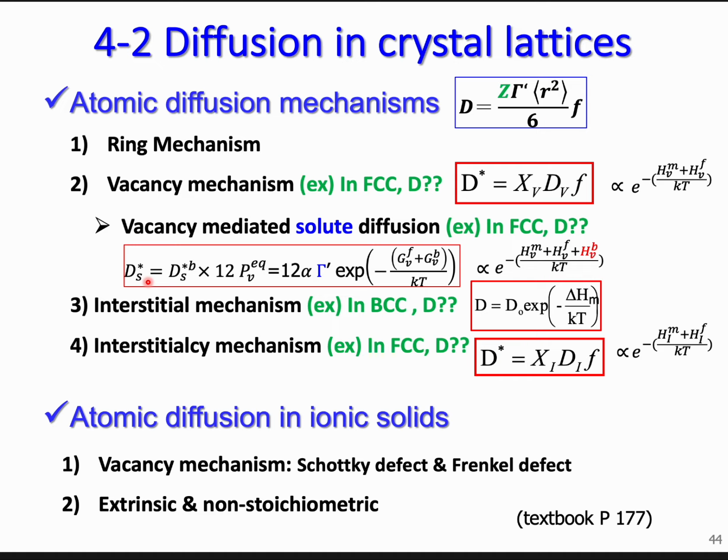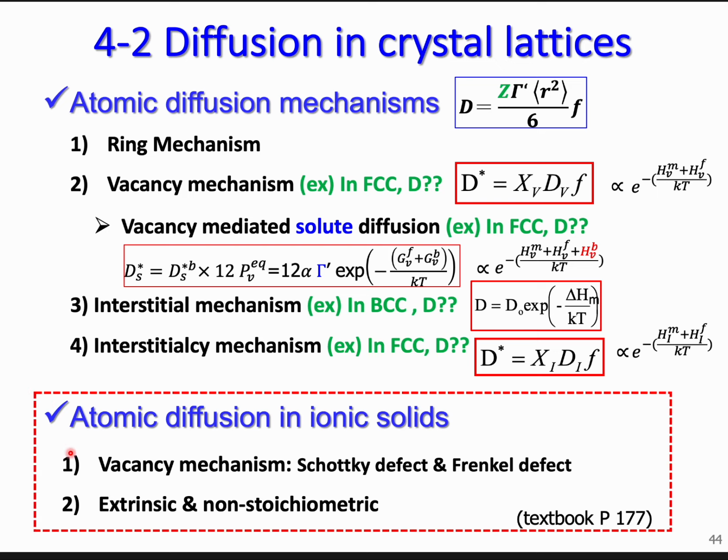Okay, so we finished the first part regarding the atomic diffusion mechanism, and let's move to the second part. In the first part we put more effort into different atomic diffusion mechanisms accompanied with different crystal structures, and used them to estimate the diffusivity of host atoms or solute atoms, right?